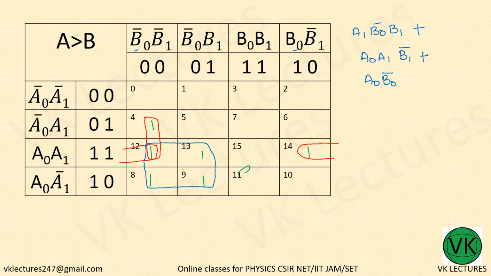See what is the common here, b0 bar, and here also b0 bar, so b0 bar, but b1 bar is there, b1 is there, opposite, so that will go, so b0 bar remains. What about a0 here, a0 a0, which means a0 will remain, a1 and a1 bar opposite, so that will go. Okay, so this is it for a greater than b.